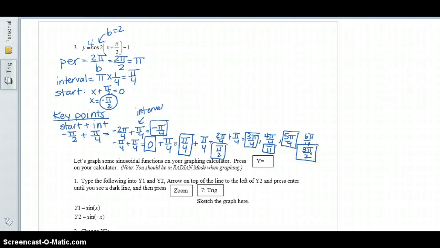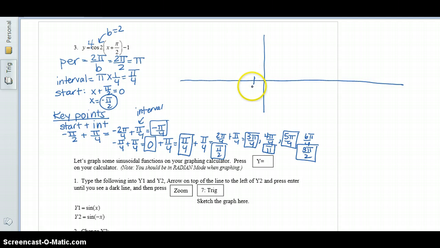Now when we go to graph this, you want to check and see if you're changing from negative to positive. You need to make sure you give yourself enough room on the graph to do that. So here I have a negative pi over 2, I have a negative pi over 4, and then I have a 0. So I have 2 points to the left of the real y-axis. So I'm going to go ahead and make sure I'm going to go back.